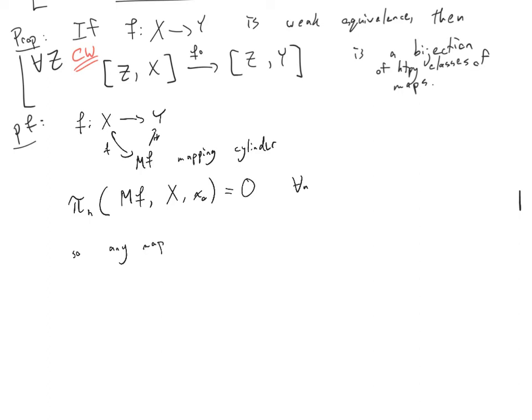So if we have a map Z to Y in the target, let's just call this A. So A lives there. We can think of it as a map from Z to Mf, right? That has to extend. So we end up with a map from Z relative its base point, let's just call that Z naught, to Mf relative X.